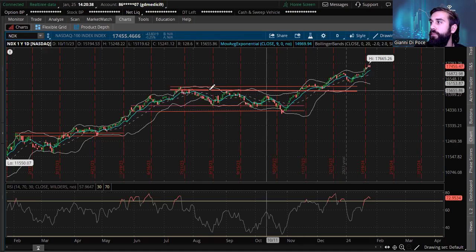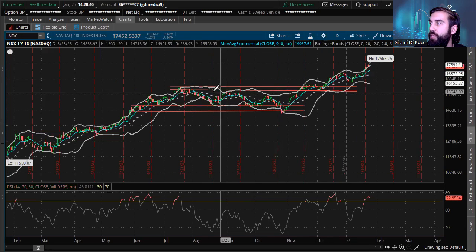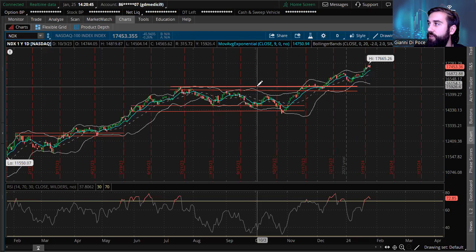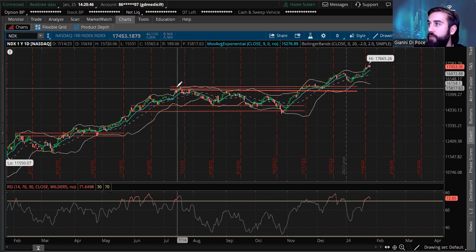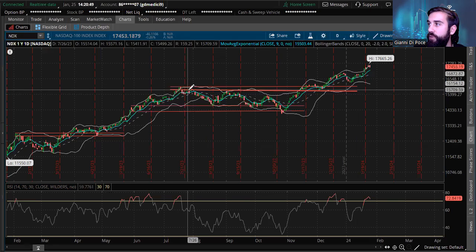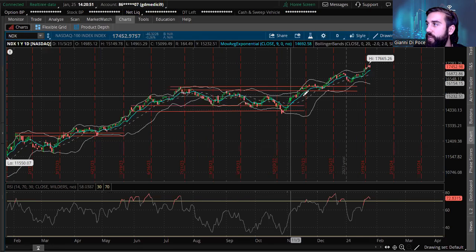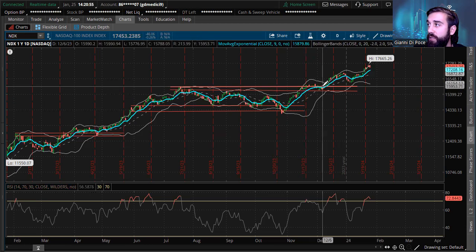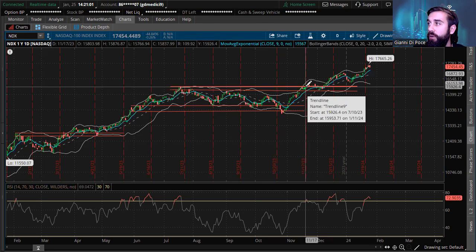Okay. But let's look at this particular example, the resistance zone between 15,700 and 16,000. So we saw prices get rejected by that once, twice, almost a third time before finally trading into it and spending about a month in there. Okay. So this was clearly a very important level of resistance.